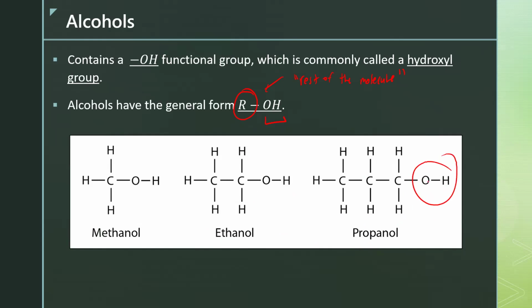Now, this is where I need to clarify. A hydroxyl group, an OH, is not to be confused with something that looks almost the exact same. It's not to be confused with a hydroxide. That was an OH negative ion. Now, we saw that a lot back in Chemistry 20. A hydroxide ion was actually one of the main things we look for when we were dealing with bases. There's a bit of a difference here, right?